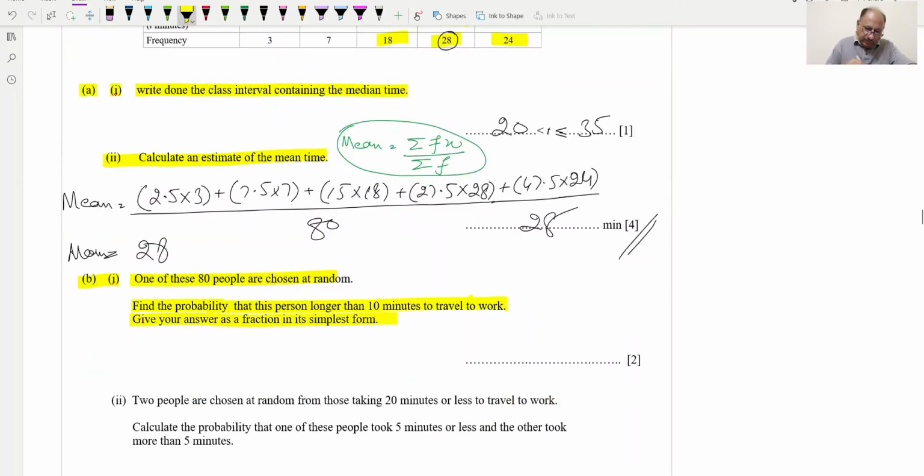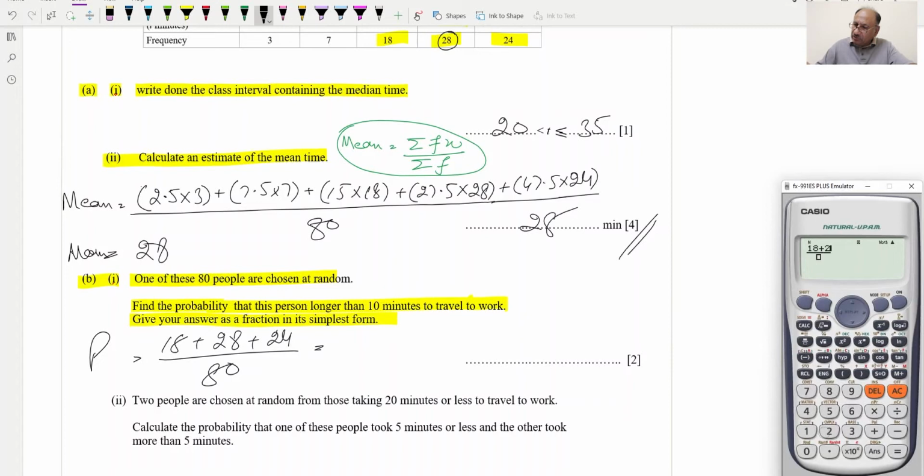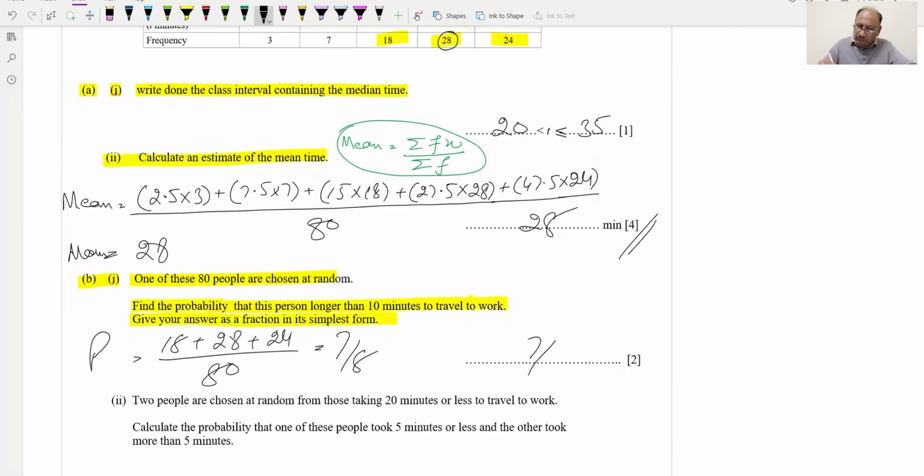So we can add 18 plus 28 plus 24 out of 80, and this will be the probability. This will be 18 plus 28 plus 24 divided by 80, which is equal to 7 by 8. They are saying give your answer as a fraction in its simplest form, so we have given this answer as a fraction in its simplest form.